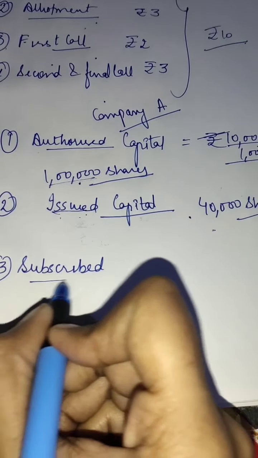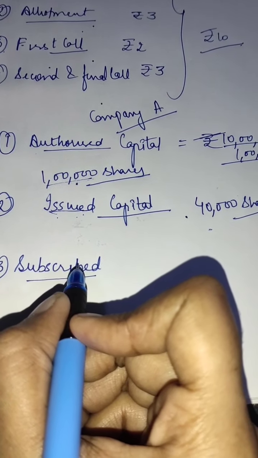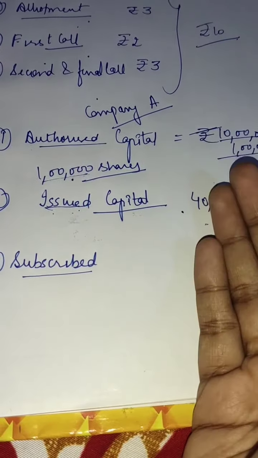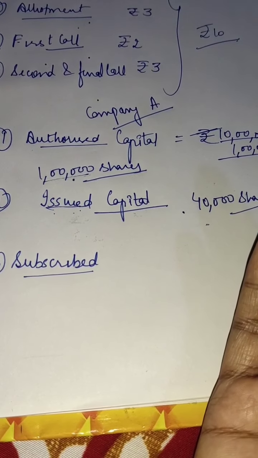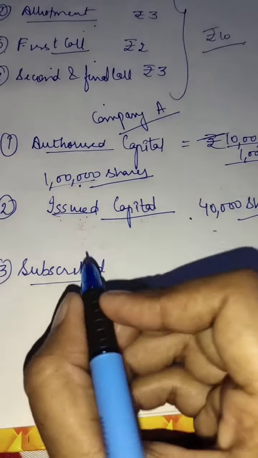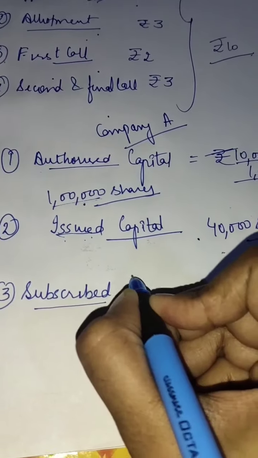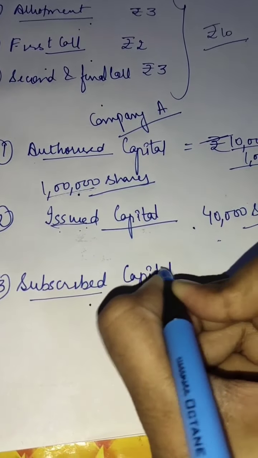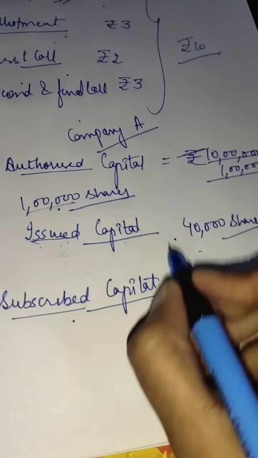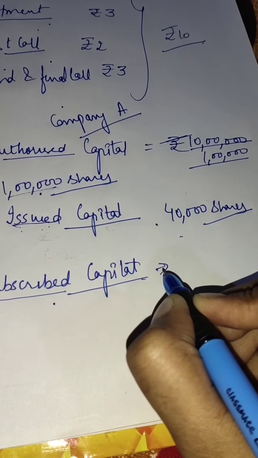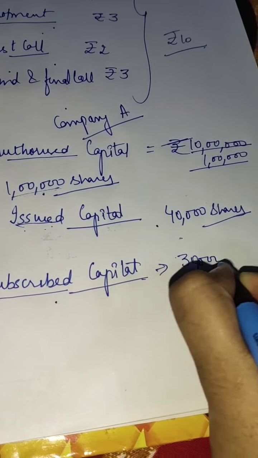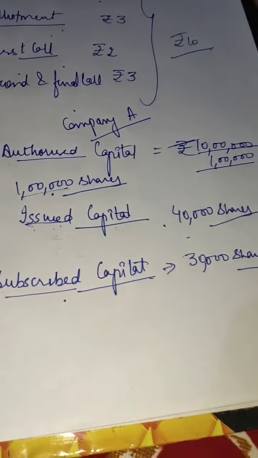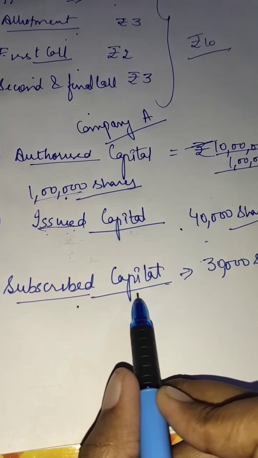So subscribed capital means how many shares the public purchased. Let's suppose the public showed interest in purchasing 30,000 shares. This is known as subscribed capital.